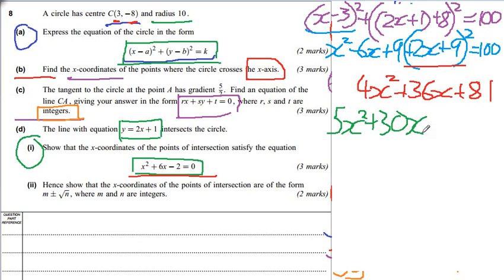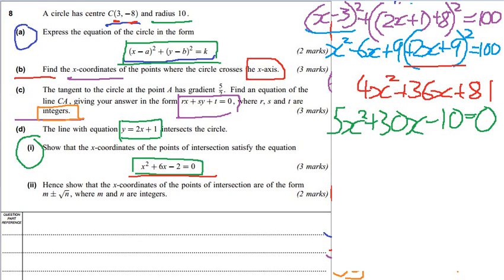I'm going to take away the 100 as well from both sides. Take away the 100 from both sides, and we end up with minus 10 equals 0. Okay, being quite methodical with this. I don't want to make any small mistakes whatsoever.